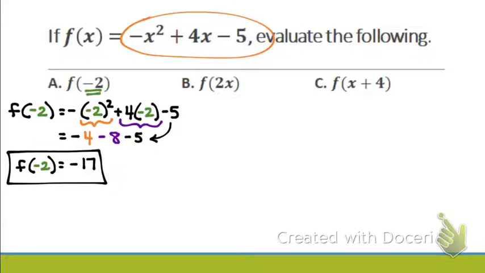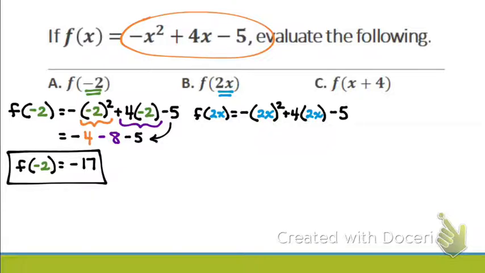Let's put in something different. Why don't we put in 2x in the place of x? So for f of 2x, I'm taking this whole expression now, so that'd be negative, and then I have 2x quantity squared, plus 4 times the expression 2x, minus 5.